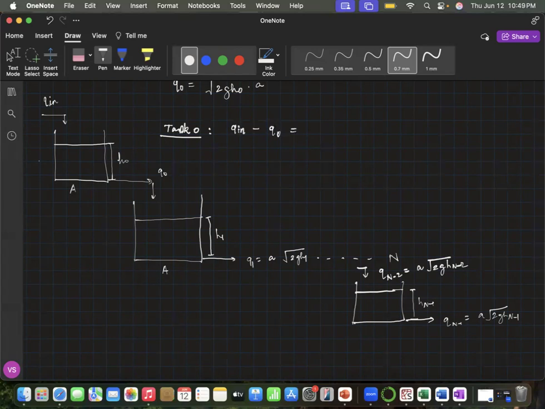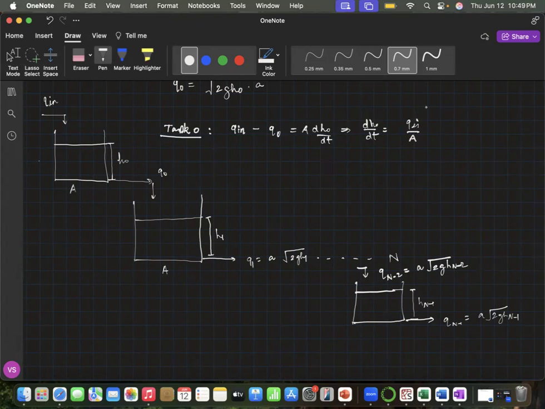And since the cross-sectional area is constant, that just becomes A dh naught over dt. And this further can be written as dh naught by dt equals q in over the cross-sectional area.